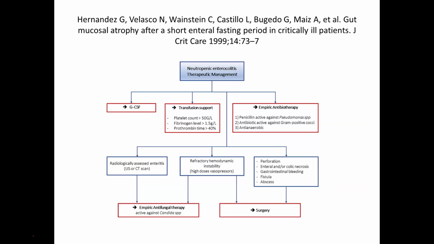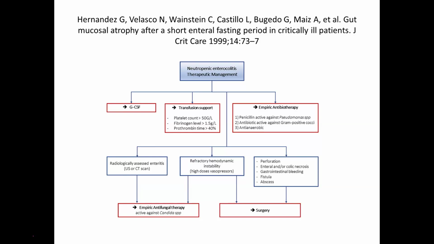You're back? Yeah, okay. So another important thing to look into is platelet count. DIC is a scenario where patients could bleed, and our aim is usually to keep platelets above 50, fibrinogen levels above 1.5, and INR above 40% of baseline.